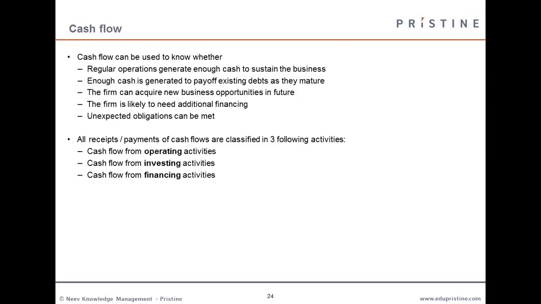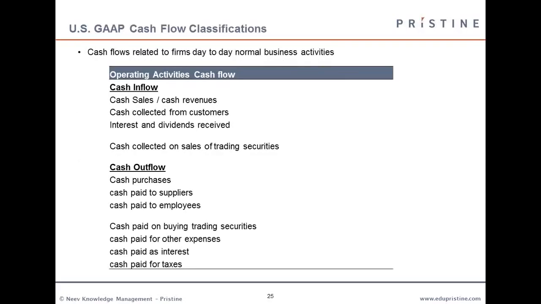Here we'll look at operating, investing, and financing activities in detail. Again, we have US GAAP standards. According to this, we see the cash flow classifications. The operating activities include the actual operations cash flows that are generated.